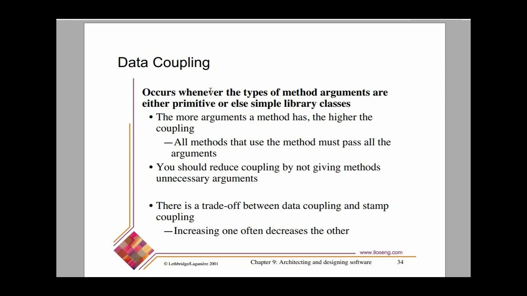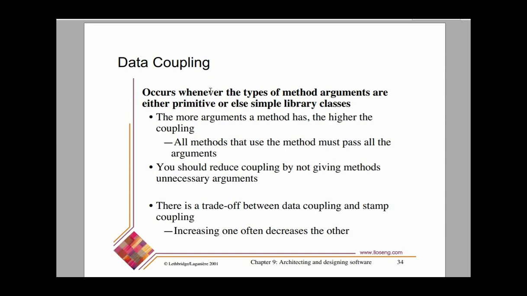So let's move on to data coupling. This occurs whenever the types of method arguments are either primitives or simple classes such as String. What you need to do is reduce coupling by not giving methods unnecessary arguments. If you give unnecessary arguments, there will certainly be more coupling and you will not be able to reuse your code.